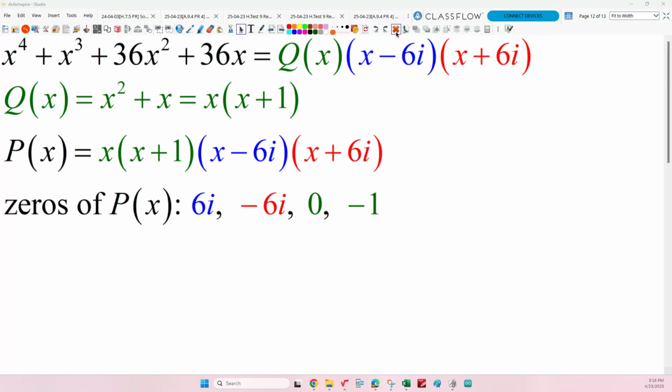How is that 0? Because this is all equal to 0, so we can set each one equal to 0. So then automatically 0. That makes sense. That was a smart one.